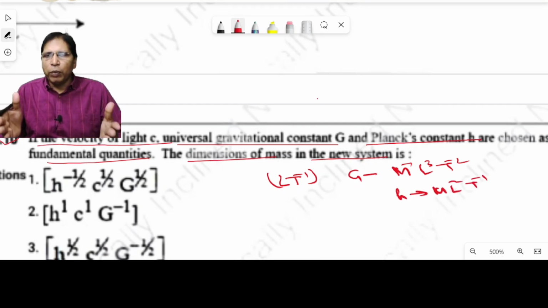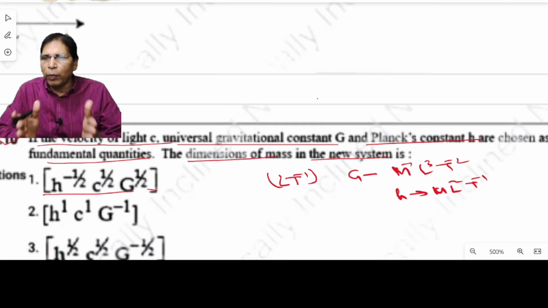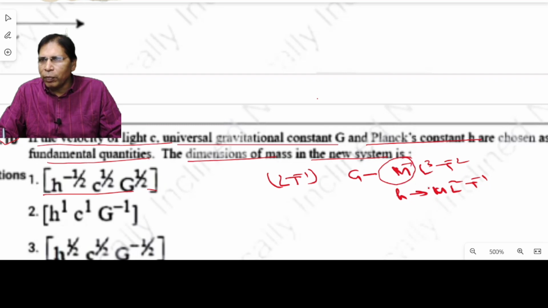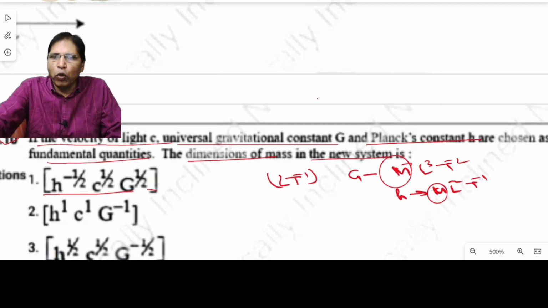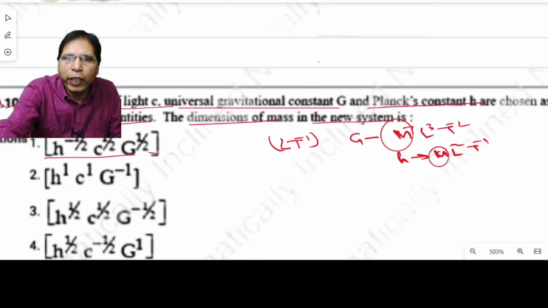Now this type of numerical will be easy if we put these dimensions in this equation. We have to calculate the dimension of mass. So if G to the power minus half and h to the power half, then M will be obtained. Now look at this, G to the power minus half and h to the power half.